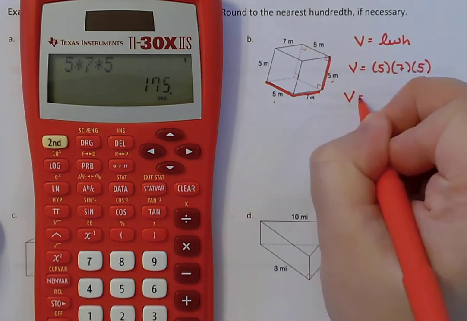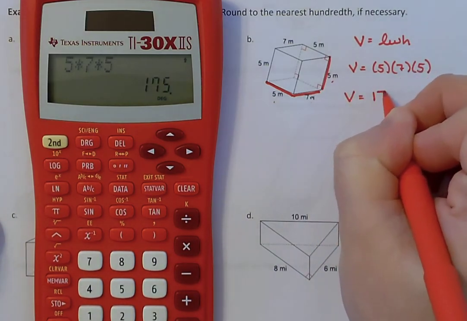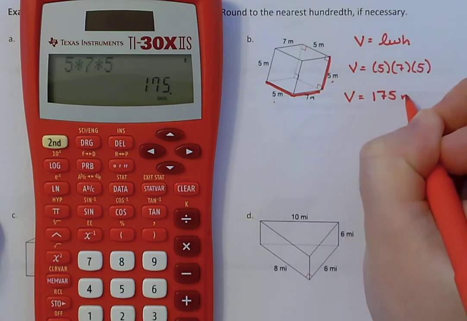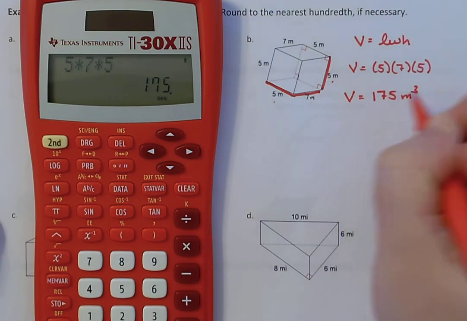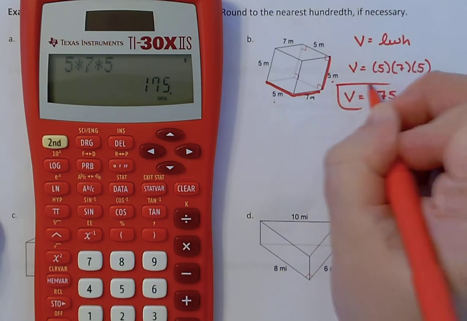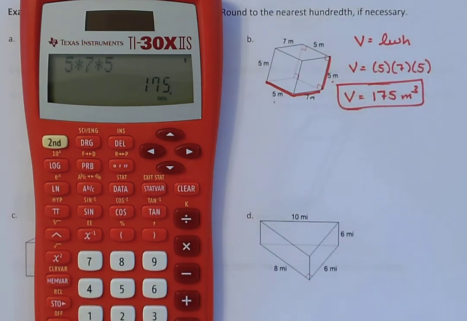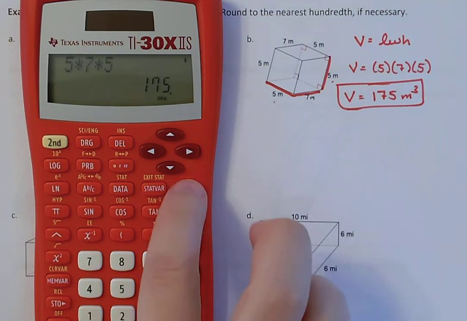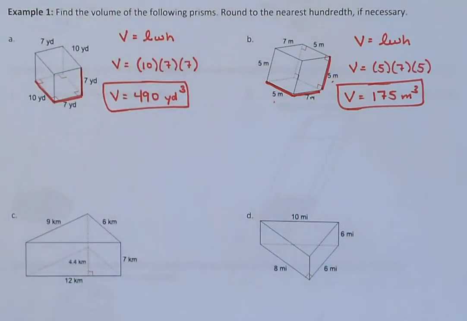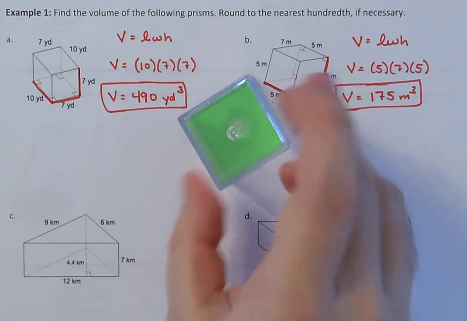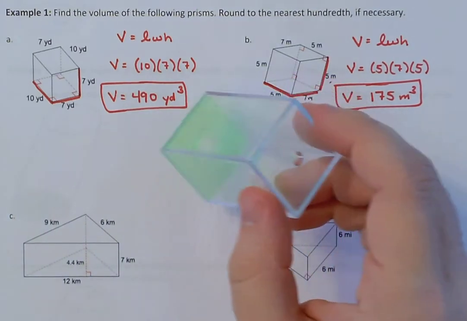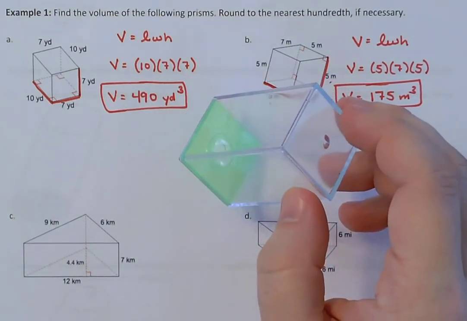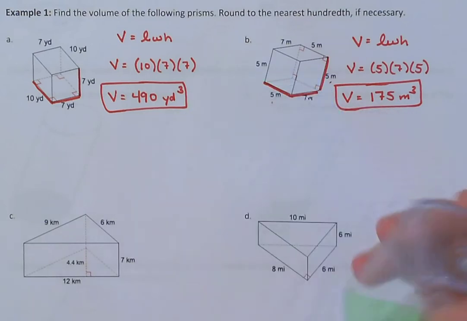And that is the volume of this rectangular prism: 175 meters cubed. So that is how you find the volume of a rectangular prism. You just have to figure out the length, width, and height, multiply all 3 together, and that gives you your volume.